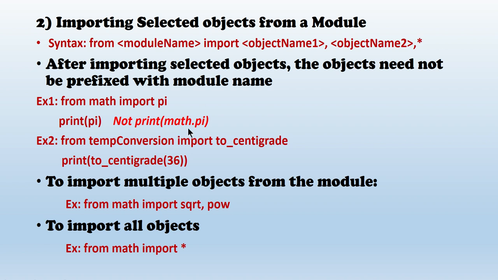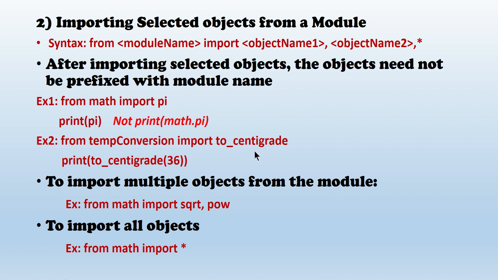Do you remember, if you simply write import math, then you have to write math dot pi. But in this method, when you import selected objects, it is enough to write only the name of the object you are importing, no need for dot notation. From temp conversion, I'm importing only the function 2 centigrade.